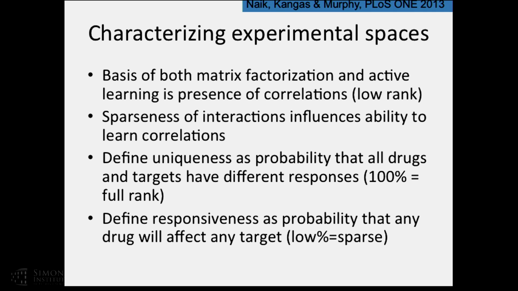We just decided to try a different approach that I'm going to talk to you about. In order to do that, we're going to talk about the idea that we can characterize an experimental space, all right? And we're going to parameterize an experimental space using, in our case, two parameters, which are the sparseness of the interactions, that is, how often does an arbitrary target respond to an arbitrary drug, what's the probability that it will affect it, and how similar the drugs or the targets are to each other, right?